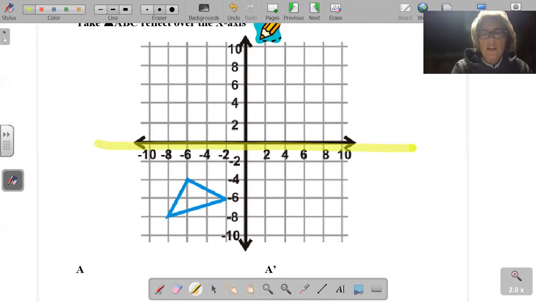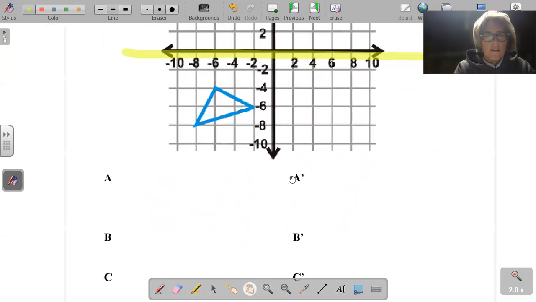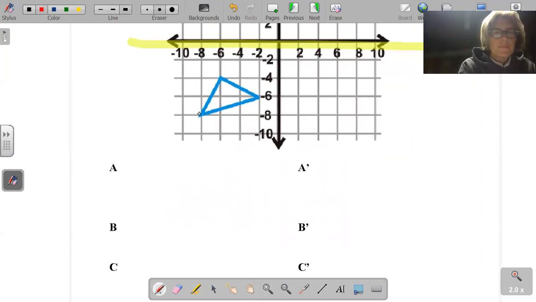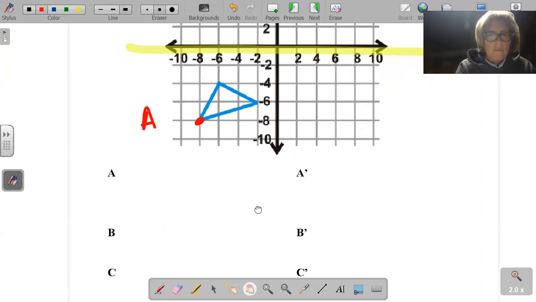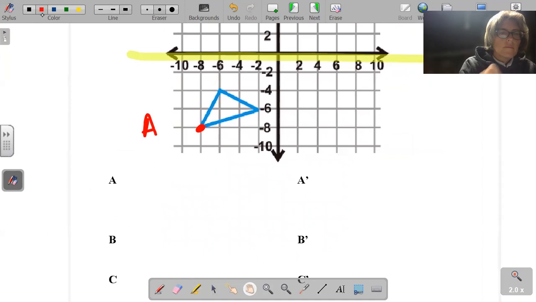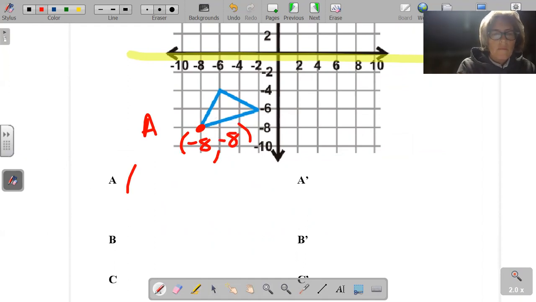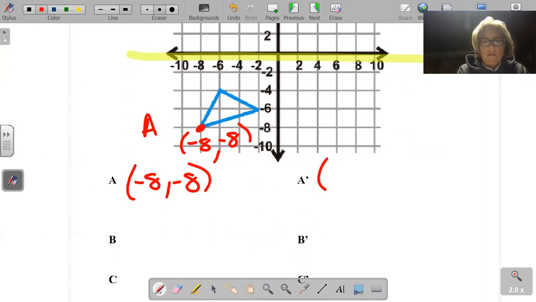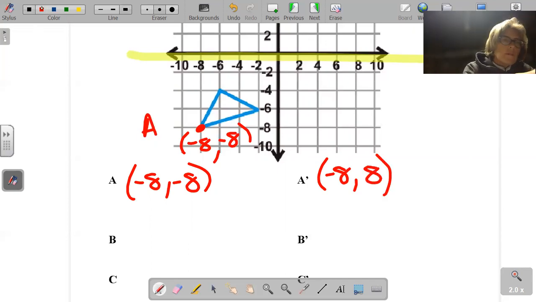Always darken the axis that you're flipping over. So I take that y coordinate, and you just do the opposite.